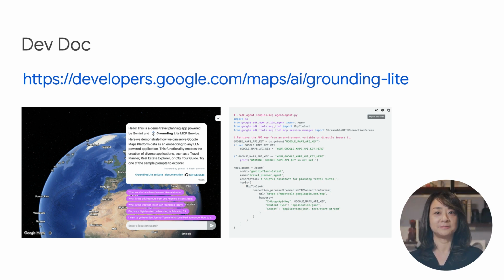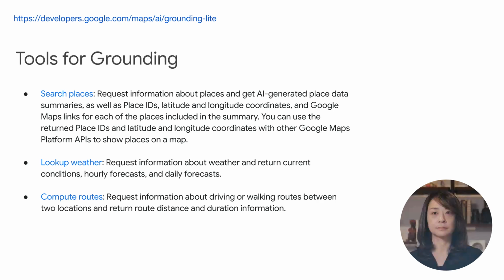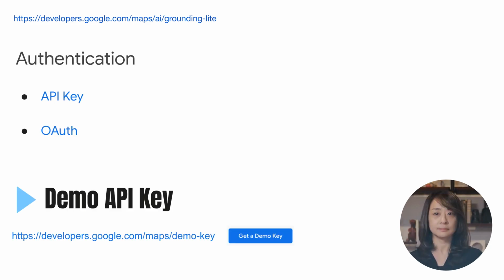We have a comprehensive dev doc for our developers. Head over to this link. You will find API spec, demos, and sample code. Currently, Maps MCP provides three tools for grounding: search places, look up weather, and compute routes. More features are being built and will be available to developers soon.